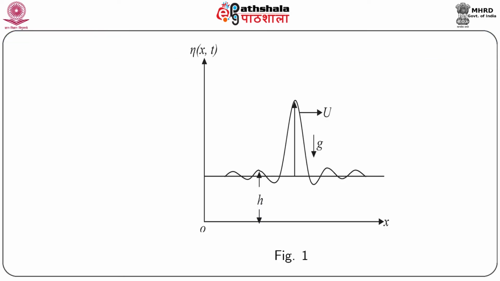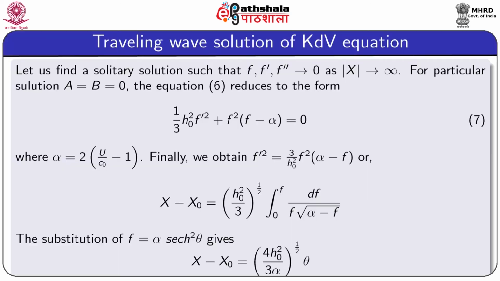So, if we plot the solution, this represents a single hump about capital X equals 0, and the amplitude becomes 0, that means eta becomes 0 as mod X tends to plus infinity or minus infinity, and this hump goes in the right direction of the small x axis with velocity u, and the value of u can be determined from this relation.